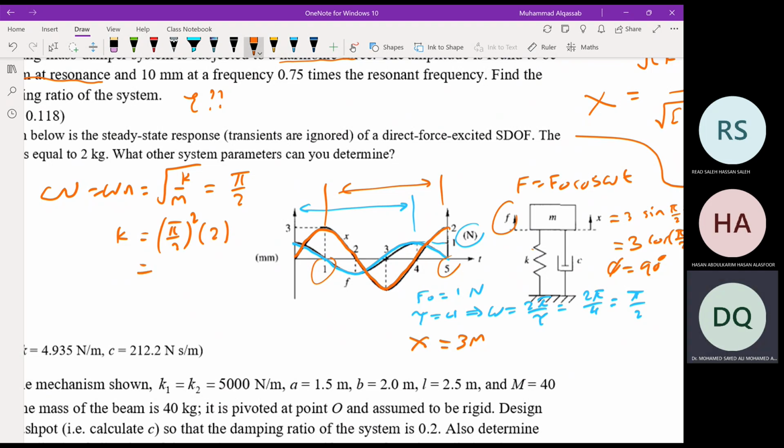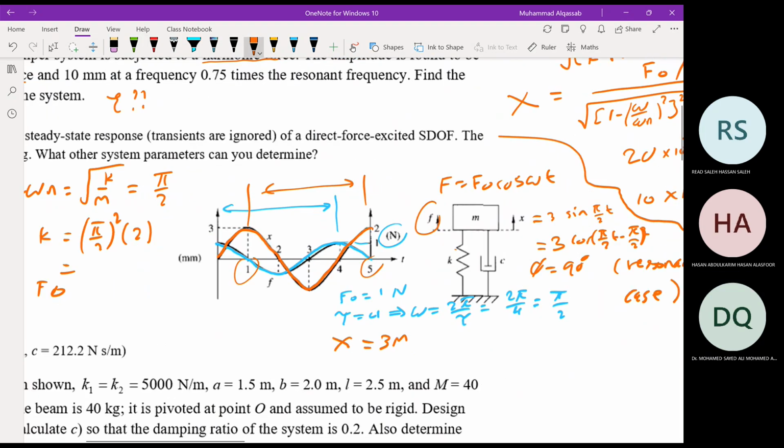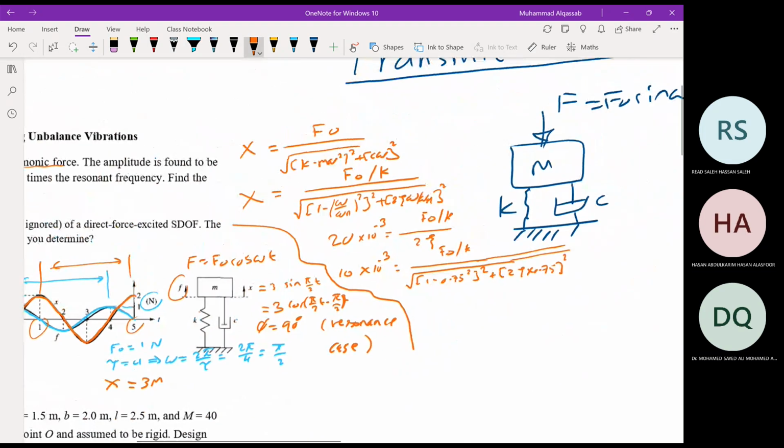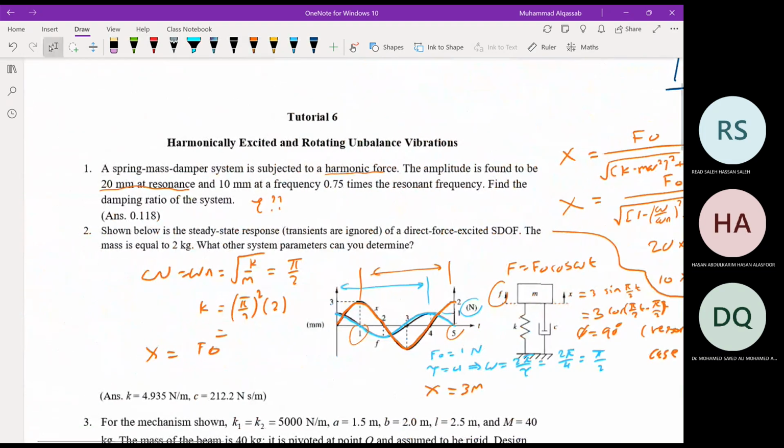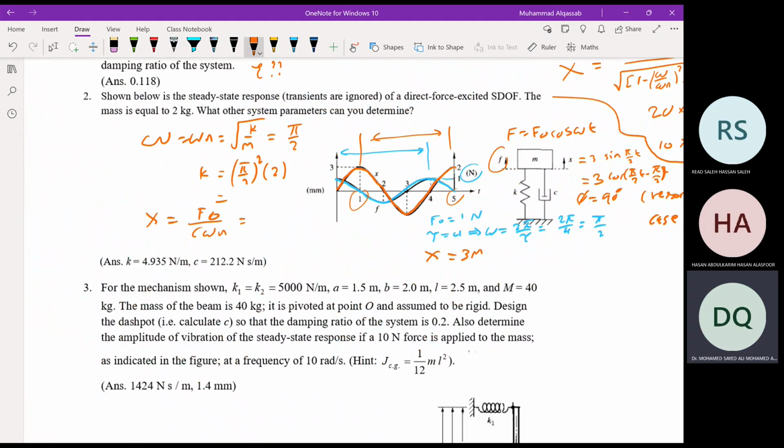The other thing is that X at resonance is equal to F naught over C omega n, and this is equal to 3 times 10 to the power minus 3. F naught is 1, and C is unknown, so we can find C from here. So we can determine C and K from the given information.